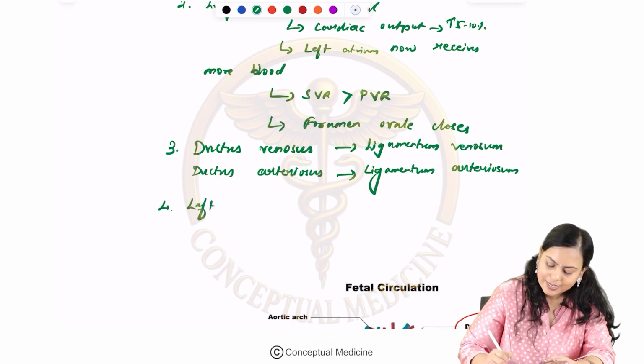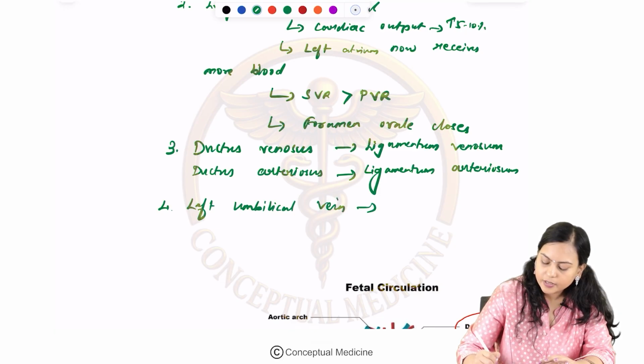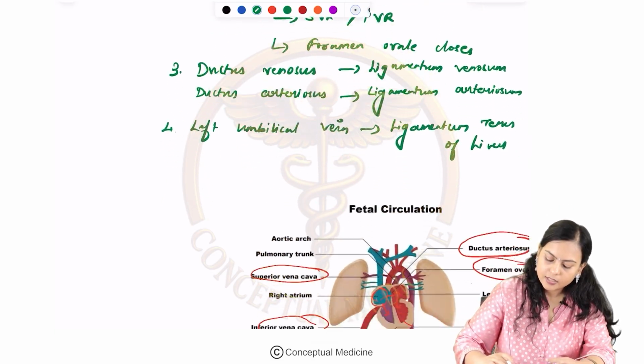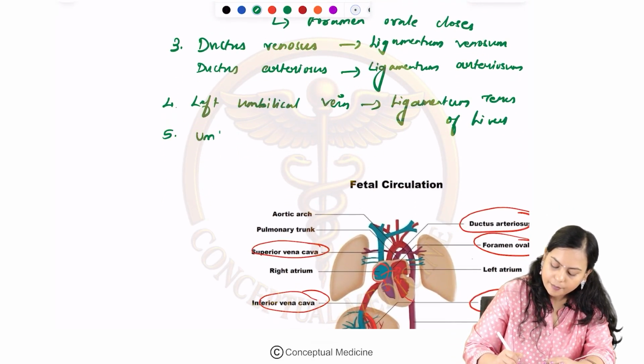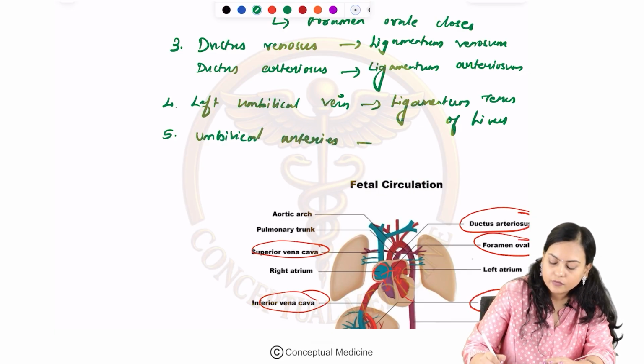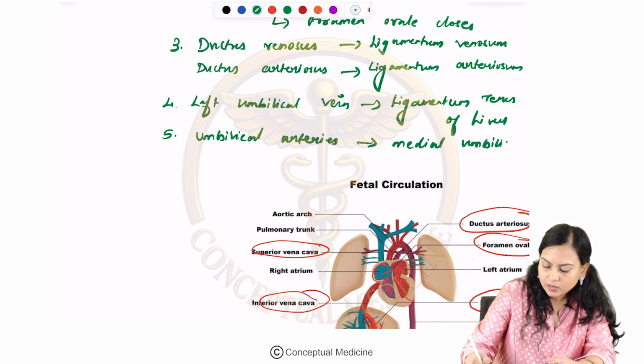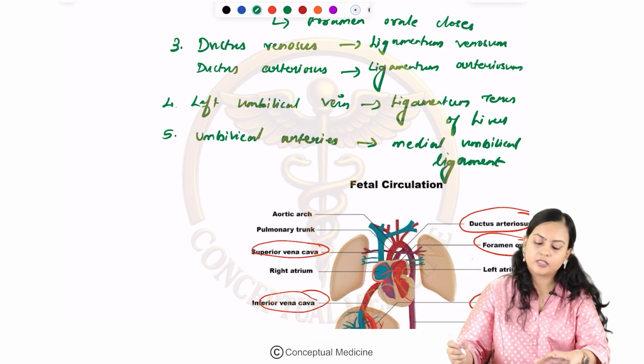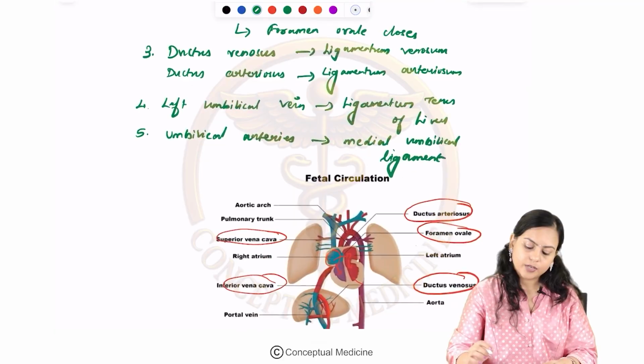Also, the left umbilical vein will be converted to become the ligamentum teres of the liver, and the umbilical arteries will now become the medial umbilical ligament. Understood? So, this part is very important.